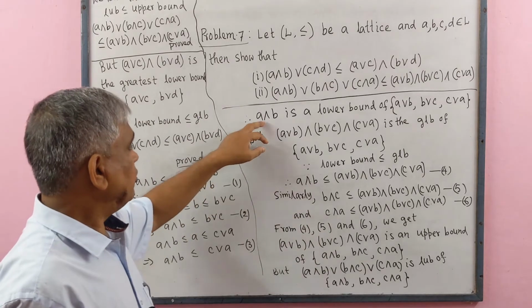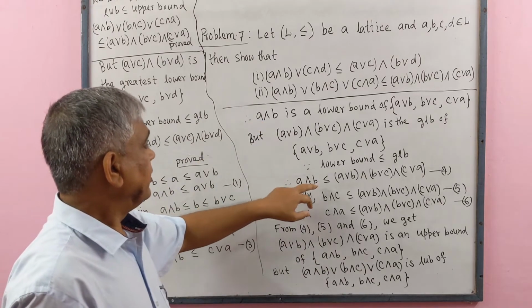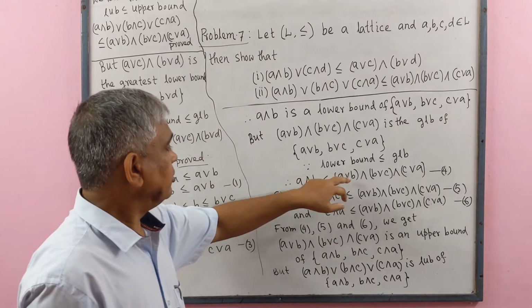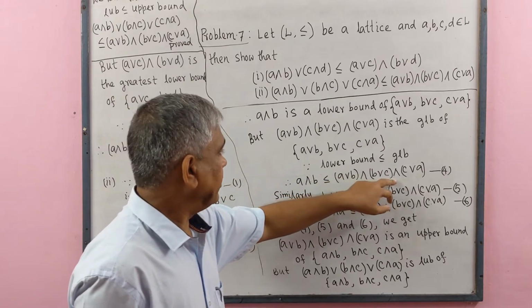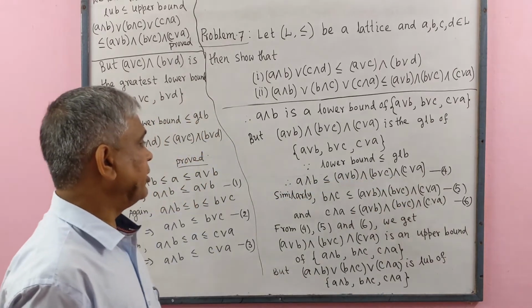Therefore, this is lower bound left side and this is less than equal to the greatest lower bound in right side. This is number 4.